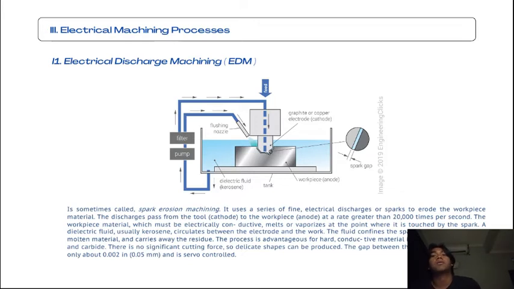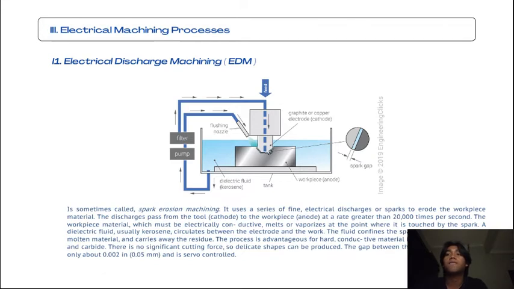The workpiece material, which must be electrically conductive, melts or vaporizes at the point where it is touched by a spark. The dielectric fluid, usually kerosene, circulates between the electrode and the workpiece.